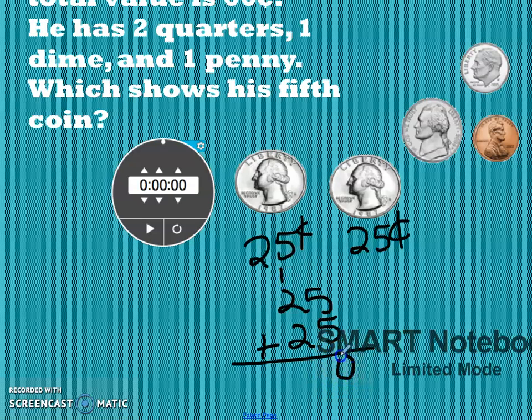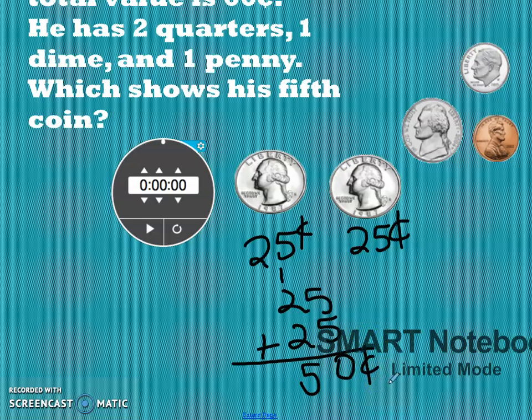We carry the 1, put the 0 in the 1's place. Let's count the tens. 2 plus 2 is 4. Count on adding 1, and that's 5. So the value of 2 quarters is 50 cents.